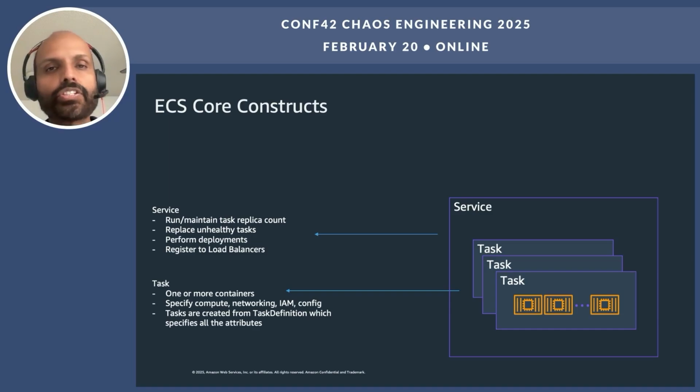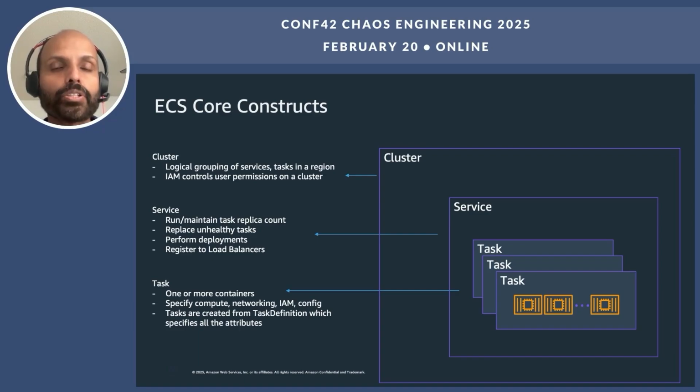And it also registers these containers to load balancers to accept the end user traffic. Then you also have what's called a cluster, which is a logical grouping of services and tasks in an AWS region. You can then use IAM, or Identity and Access Management Service, to control the permissions of users to these clusters and its underlying components.